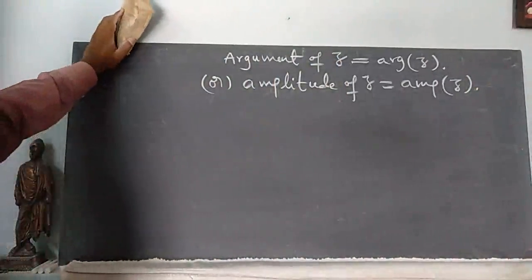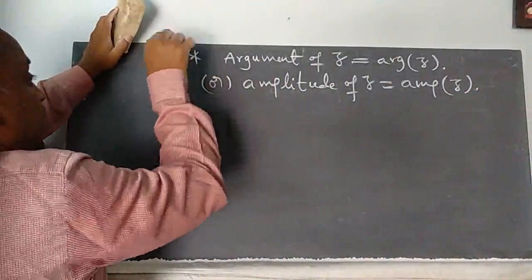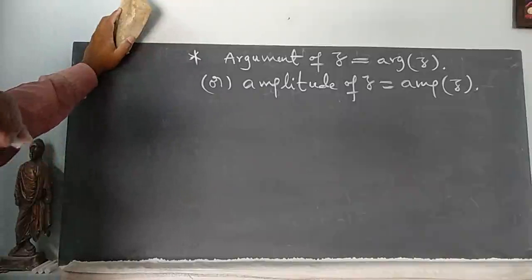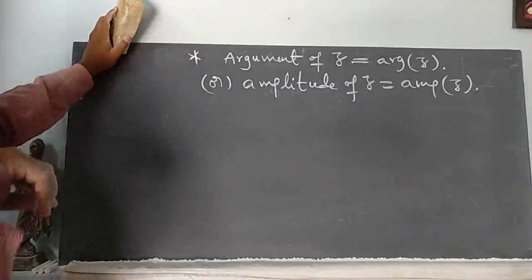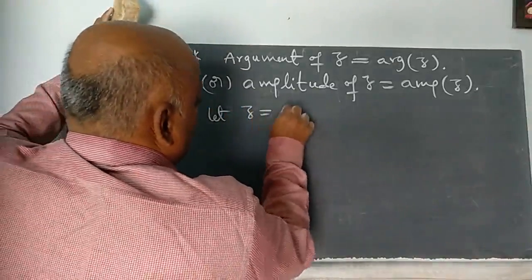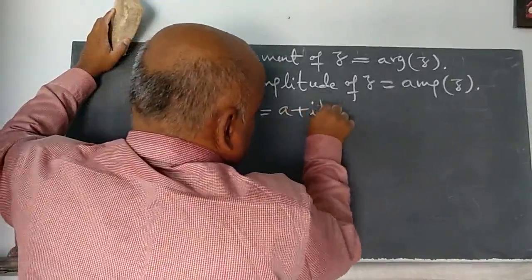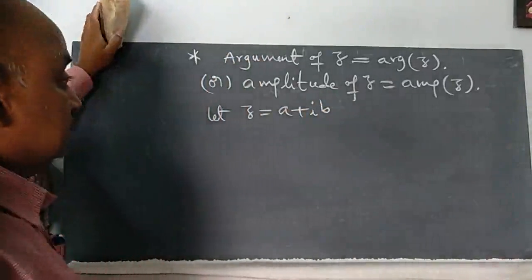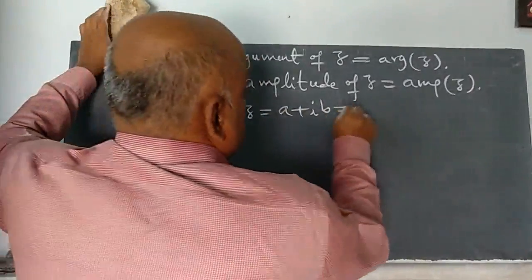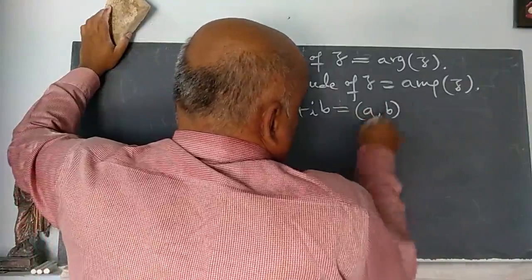Let z is equal to a plus ib. This is an ordered pair a comma b.